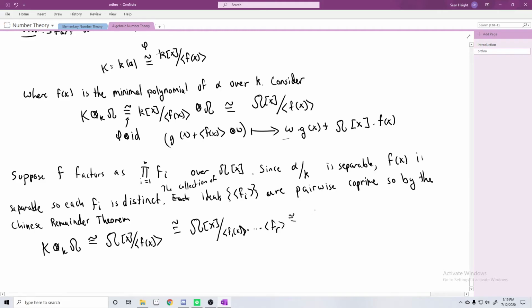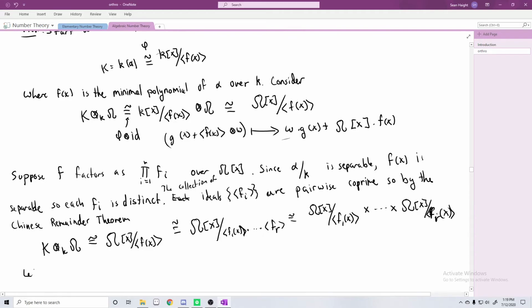Okay, and then by the Chinese remainder theorem, I can split this up into a bunch of products. And each of these guys are going to be my finite separable extensions of omega.